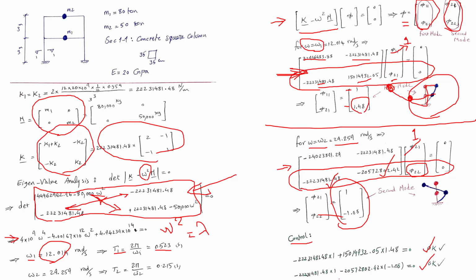It means that if you take only the first mode into account, you're accounting for something like 90% of the whole solution of the structure. That's why the first mode is the most important one, rather than the second, third, fourth, etc. We will see those in the following videos as well, and we'll compare them with other approaches later on.